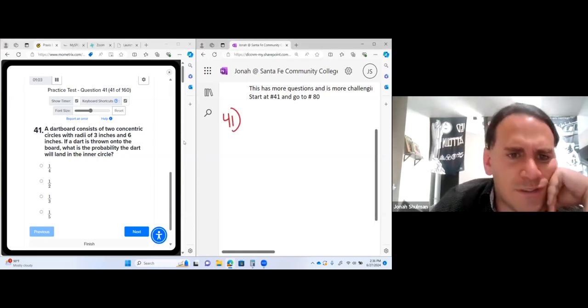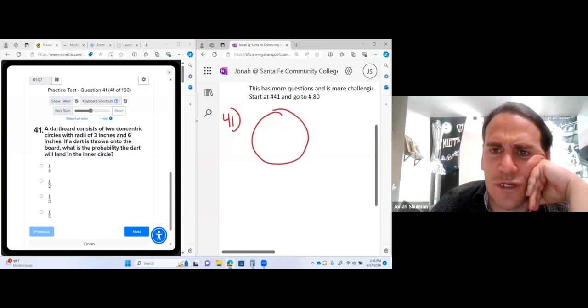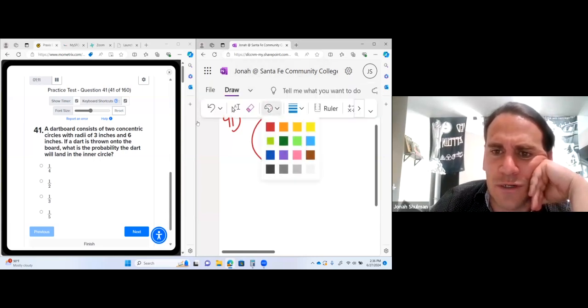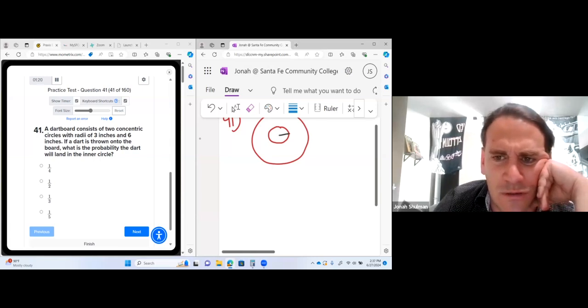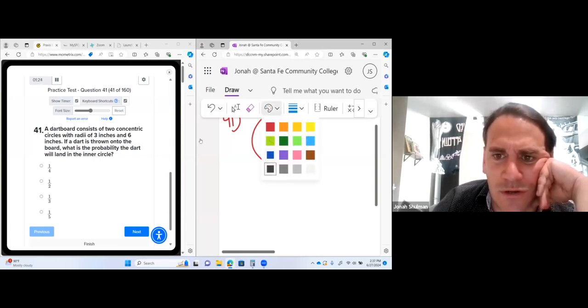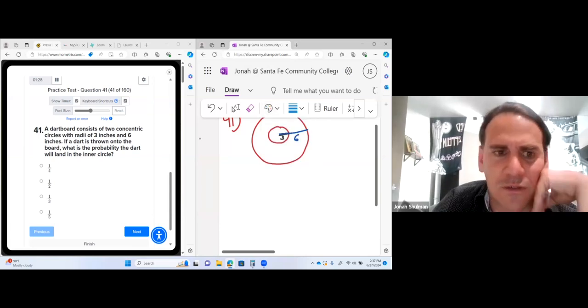It says a dartboard consists of 2 concentric circles. So here's my dartboard. All right, I'm going to grab a different color. 2 concentric circles with a radius of 3 inches. And it says the other one has a radius of 6 inches. So there's a longer one of 6 inches.